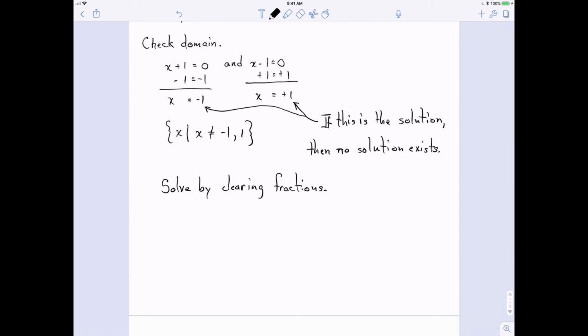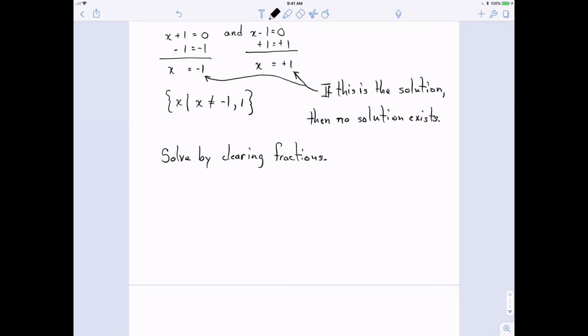And you've probably done this before, maybe not to this extent, but for example, if I have a problem like x over 3 plus 1 over 2 equals 1 over 6, then notice in this problem here, the lowest common denominator, the LCD, is 6. And we've actually found it for that particular case before.